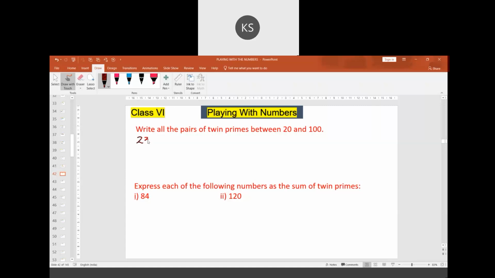No, sir, if you write 23, 29, 31, it will be wrong. Why is it wrong?